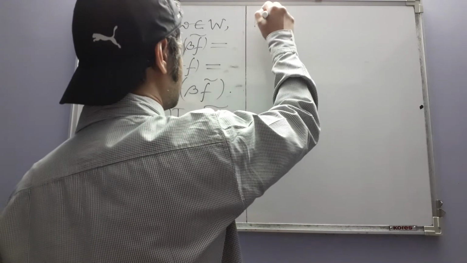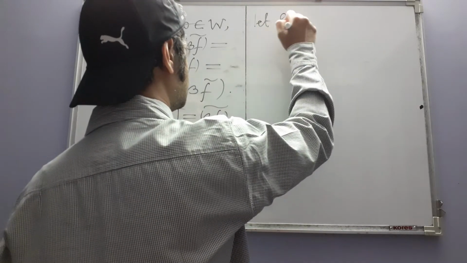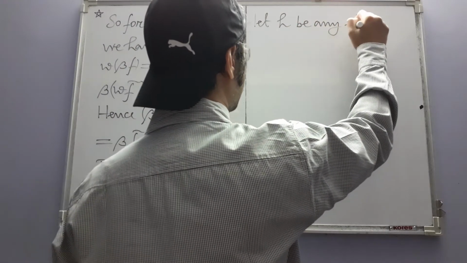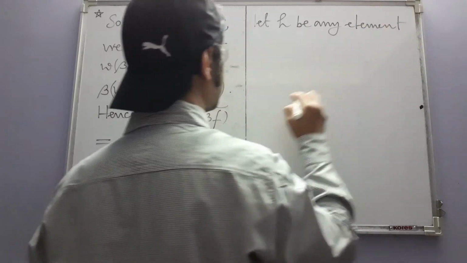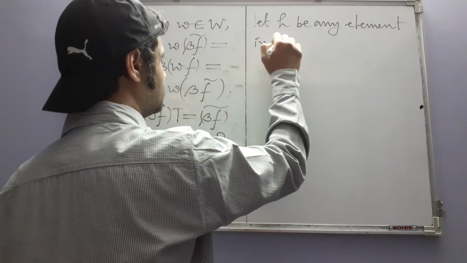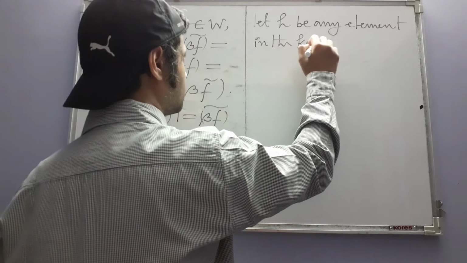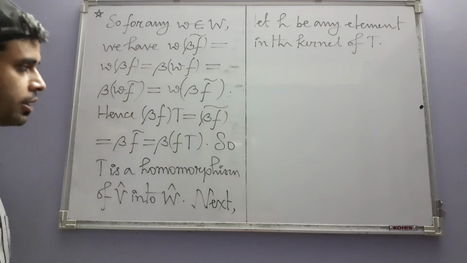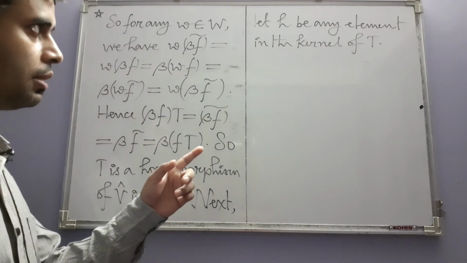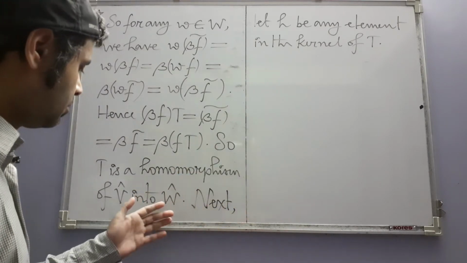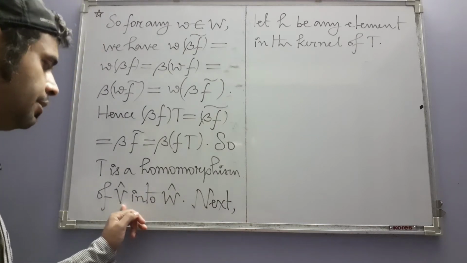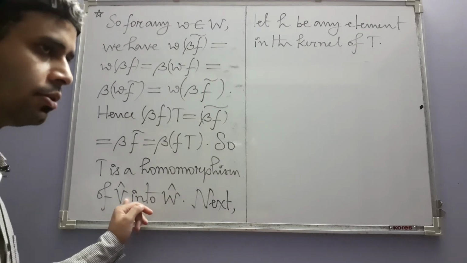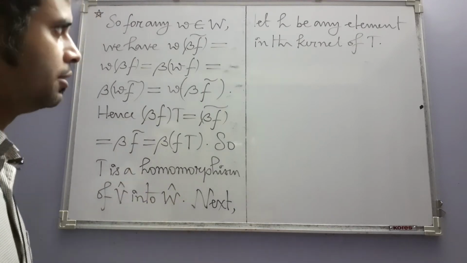let's say h be any element in the kernel of T. Don't forget that because h is in the kernel of T, h must after all be in V hat, because the kernel of T is supposed to be a subset of the domain, actually a subspace of the domain.